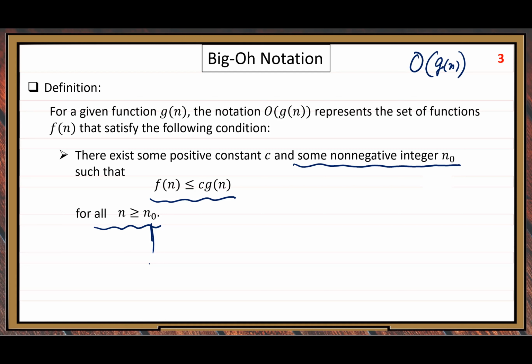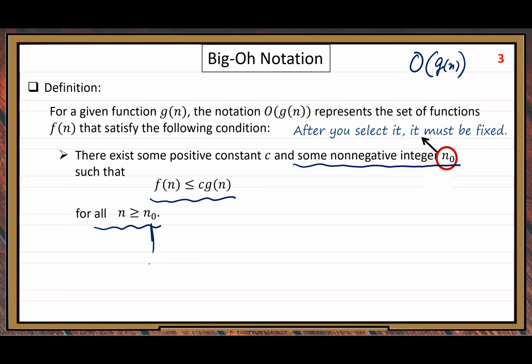For this special n0 number, sometimes we use another way to describe it. You have freedom to choose this number. Before you make your selection, you have freedom to choose: 100, 1,000, 1 million, even 1 billion, you have freedom to choose this n0 number.